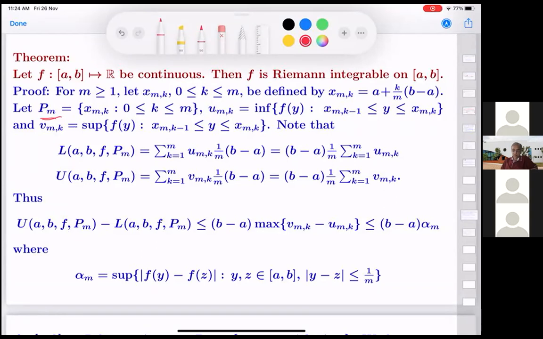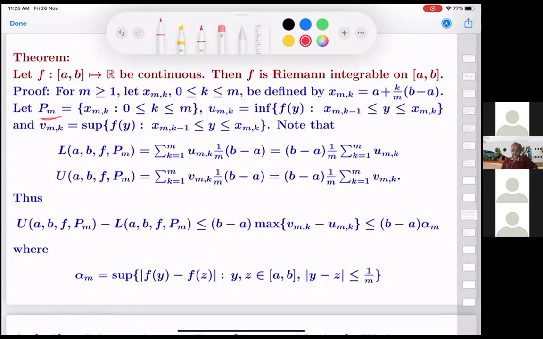Now, because our intervals are equal, the distance, the xk minus 1 kind of an object that we had, each of them will be only 1 over m times b minus a. So the lower bound for this Pm is simply umk times 1 over m times b minus a. Now 1 over m times b minus a is common, we can pull it out, and then summation over k equal to 1 to m of umk.